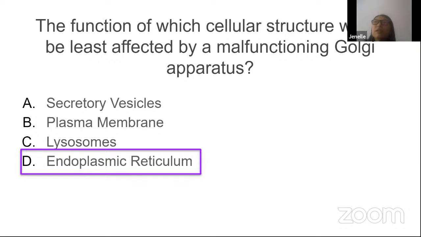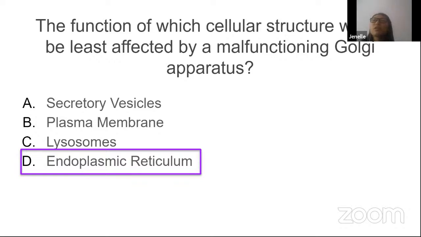As I was going through this presentation, it was recognized that it was in a stepwise manner, right? So from the nucleus to the endoplasmic reticulum to the Golgi apparatus, and then to the following areas where it could go.